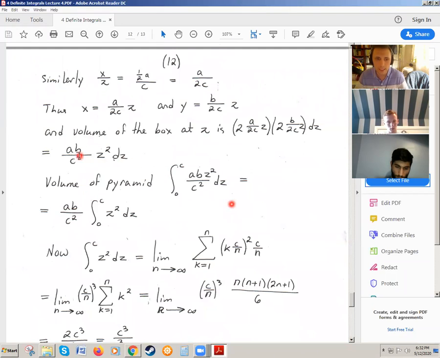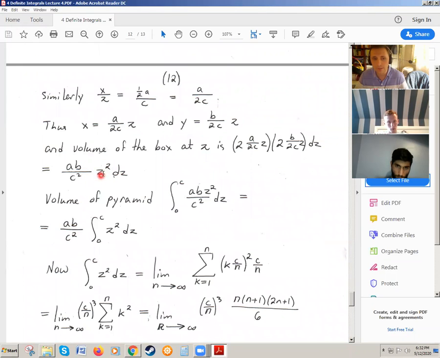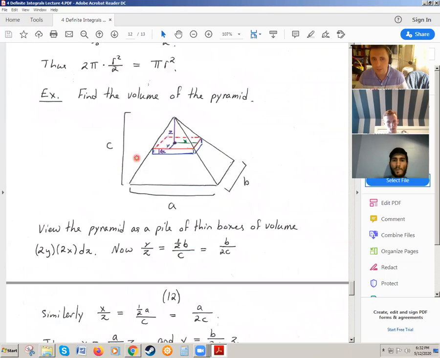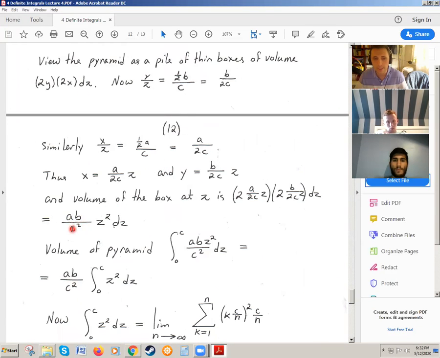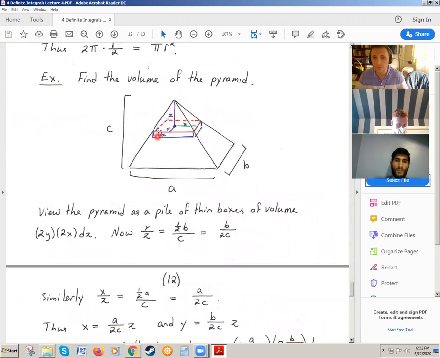So look what I then get. I get that the volume of the thin box at position Z is AB divided by C squared times Z squared, times dZ. So AB divided by C squared times Z squared dZ is the volume of the box suspended at elevation Z, from here, Z units.